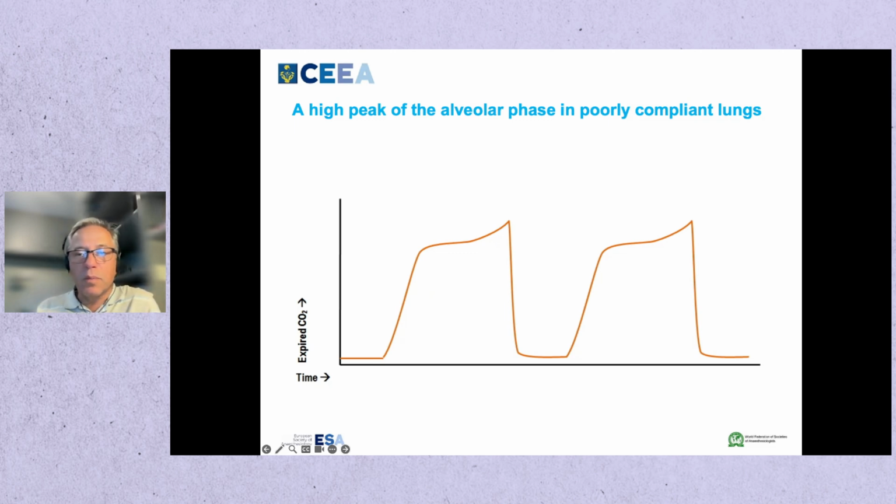It occurs when a poorly compliant lung or a huge fat chest wall, for example, or a big pregnant belly, crushes the last few milliliters of CO2-rich gas from the alveoli before the collapse of the lung parenchyma also clears the small bronchi and puts an end to the escape of the gas.